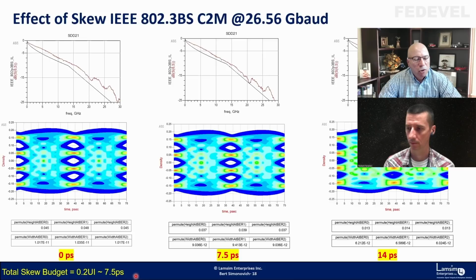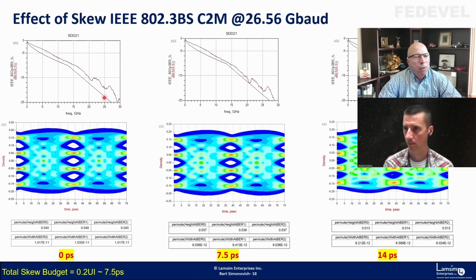In your channel, you generally budget 20% of the bit time for total skew, meaning the fiber weave effect and any skew in your system. At 28 gigabaud, your UI is about 35 or 36 picoseconds wide, and 20% of that is about 7.5 picoseconds. That's your total budget for skew before it starts closing your eye.